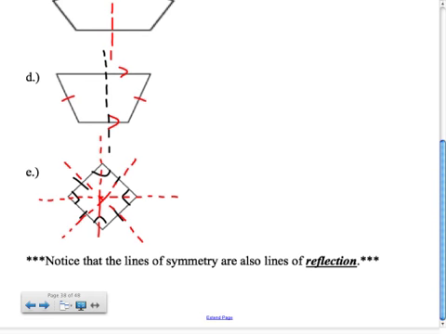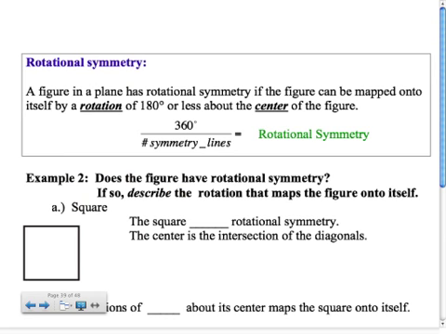So this thing would have 1, 2, 3, 4 lines of symmetry. One thing to note here: when we call it a line of symmetry, it's also a line of reflection. If you look at one, it essentially cuts the figure in half, so you could have reflected over that line, and that would have been fine. So this idea of rotational symmetry is probably more new to you.